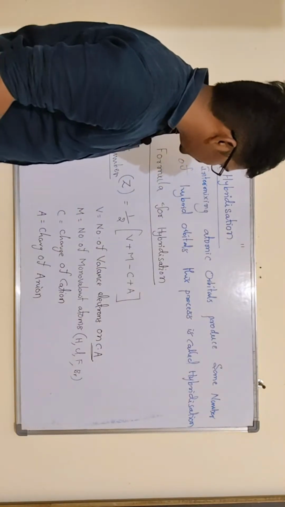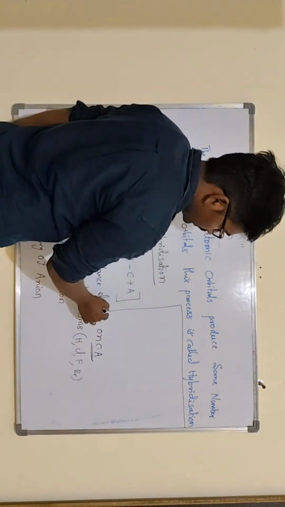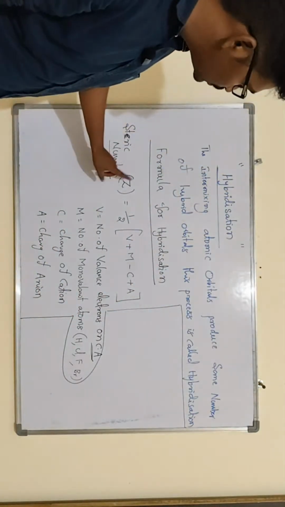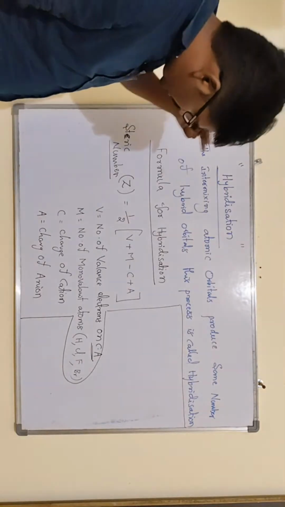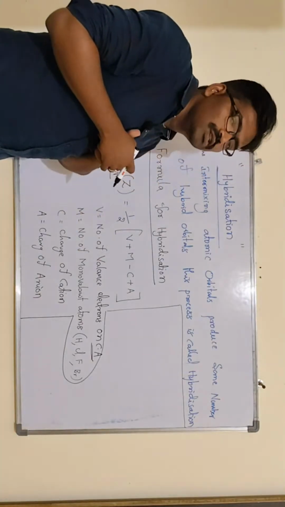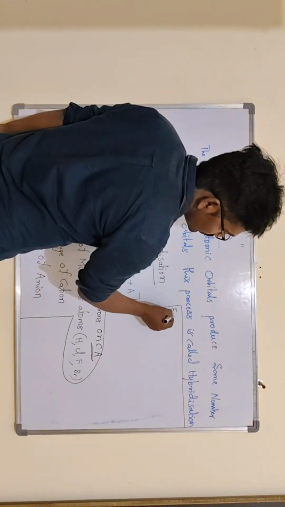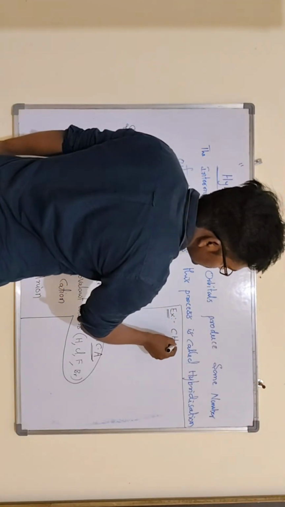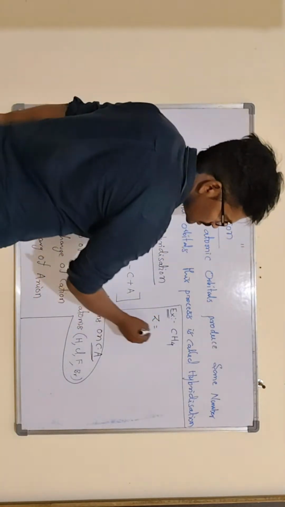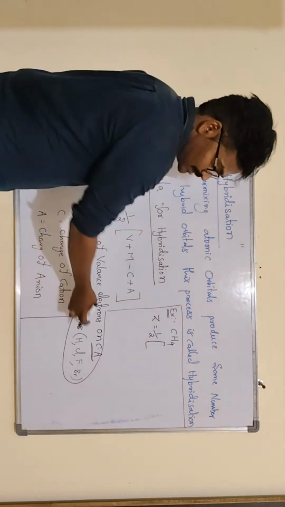Let me explain one example of how to find the steric number using this formula. You can use this formula to find it out, and there is also a shortcut trick, which can be used as well. Clear? So for example, CH4: we first have to find the Z value. Z equals 1/2 times V, the valence electrons of the central atom.